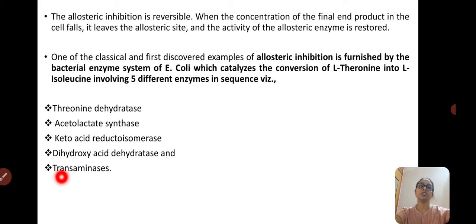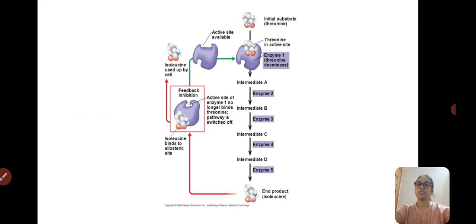These enzymes operate in the formation of isoleucine. So isoleucine is the final end product that we see in this reaction of conversion of L-threonine to isoleucine.